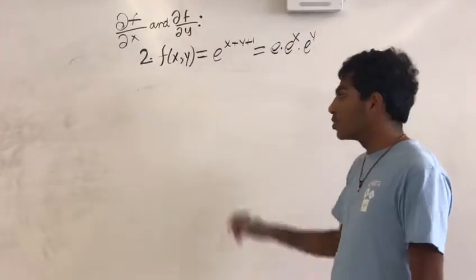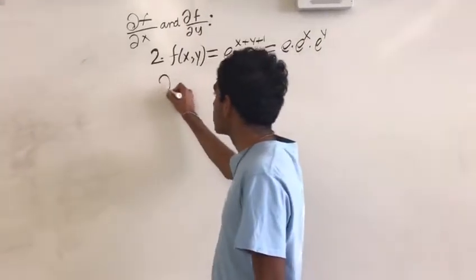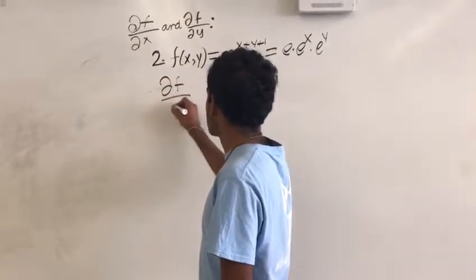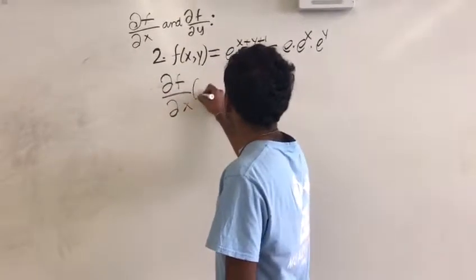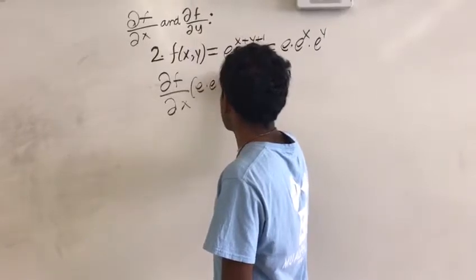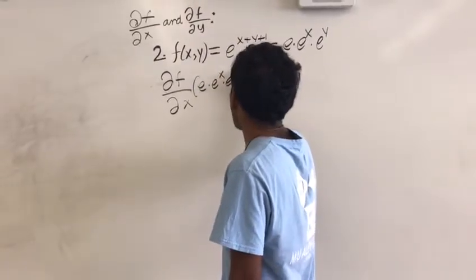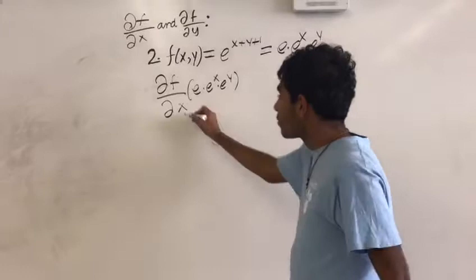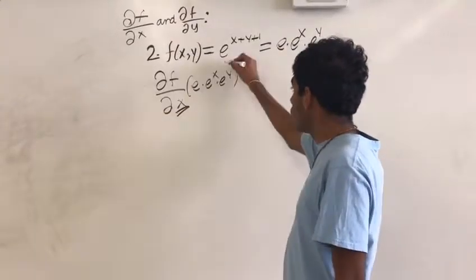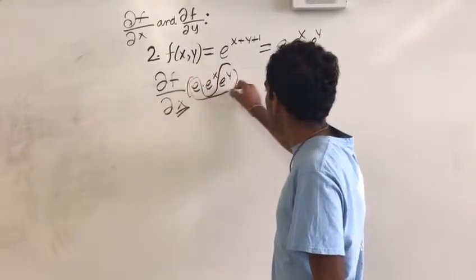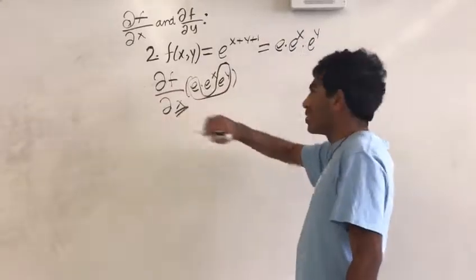And now, finding the partial derivative with respect to x, so that's going to be the derivative of f with respect to x of e times e raised to the x times e raised to the y. So in this case, I'm differentiating with respect to x, and whatever does not have an x is my constant term. So the constant term just gets out of the derivative.